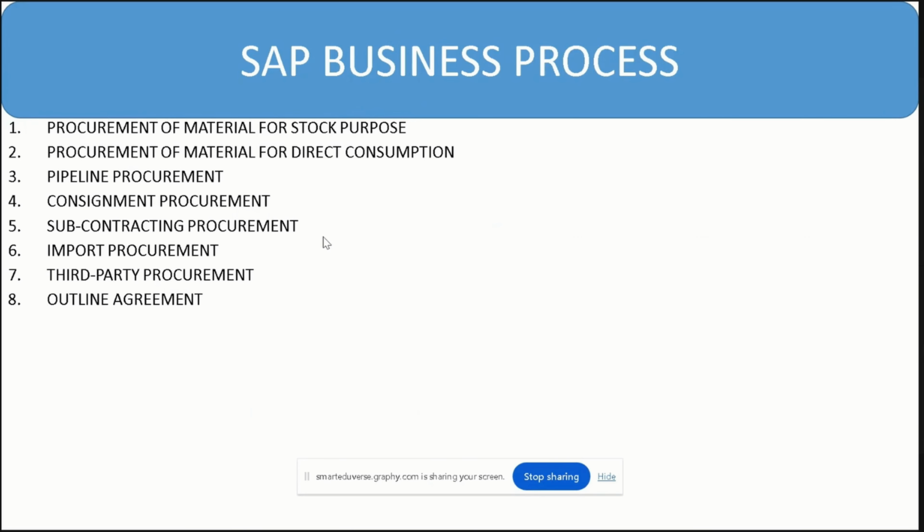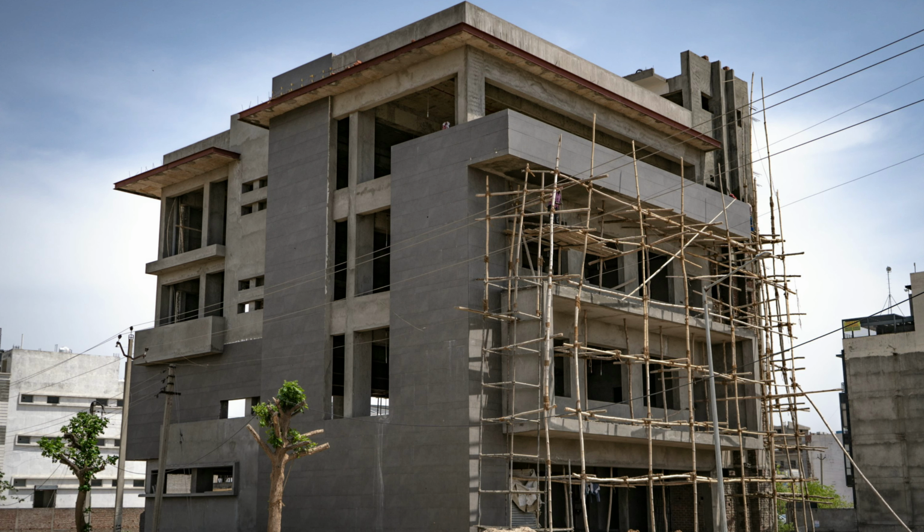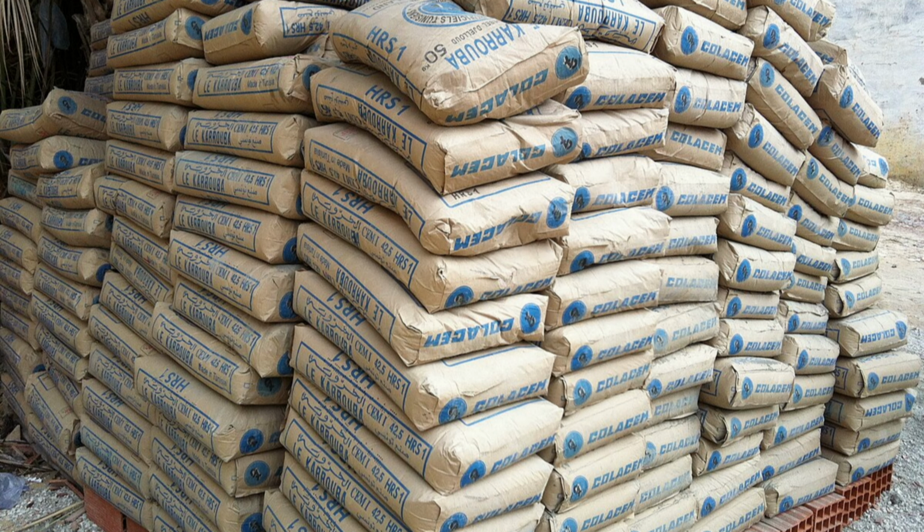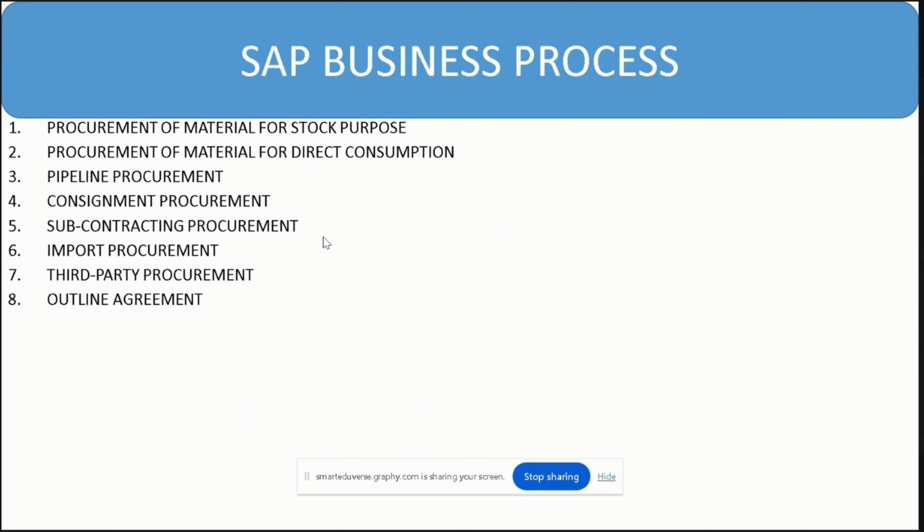When you make a contract with a supplier or vendor, mostly we negotiate the price terms, right? Take a household example. When you are building a home, you will need some cement bags and other construction material. If you negotiate with a shop that you will be taking cement bags or construction material for the coming next 1 year, you can ask them to give the material at one price point.